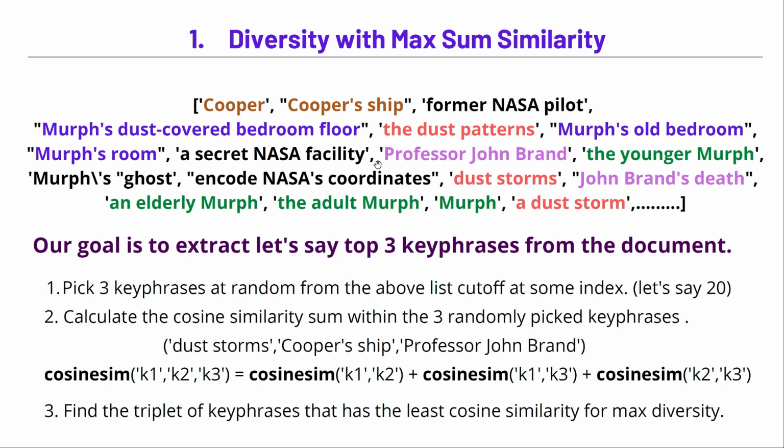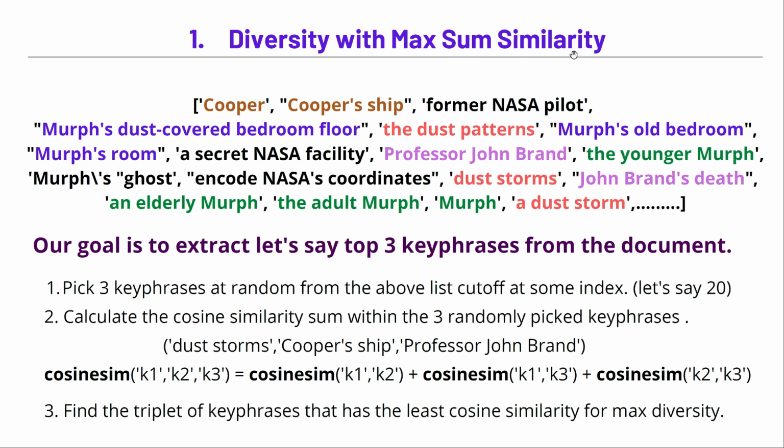Now we have encountered one problem, which is there is a lot of redundancy there, and what we want to do from that is smartly pick only 3 key phrases from the top 20 while preserving the diversity. So let's see how we can pick the top 3 key phrases from this.